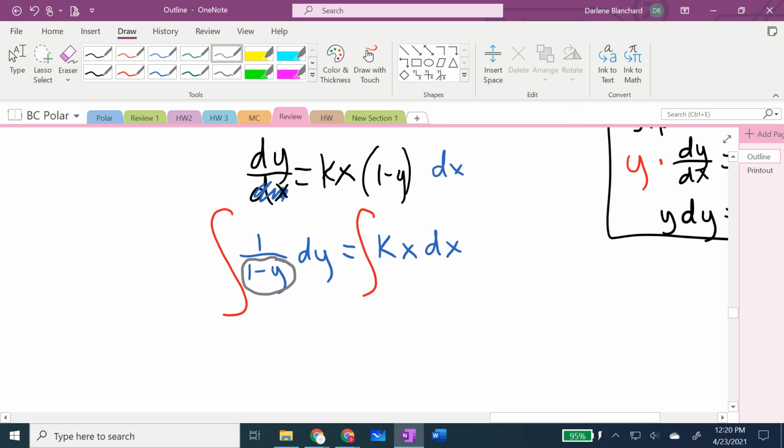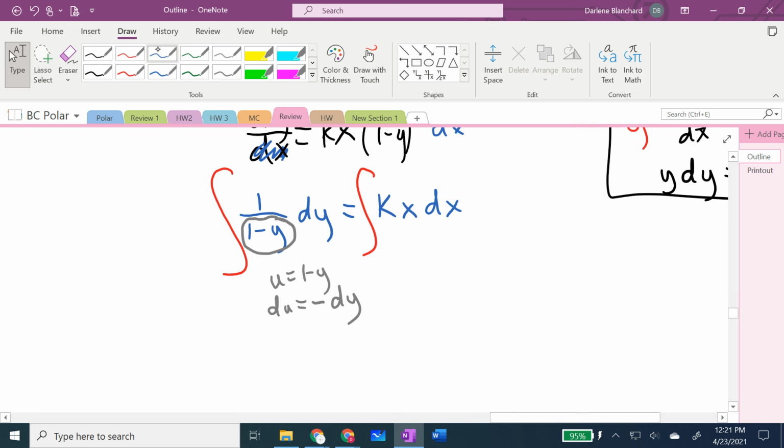If 1 minus y is u, the derivative is negative 1. So that means that you are going to end up with an integral that is negative the natural log of the absolute value of u. So be careful of the derivatives of your u's with your u substitution. On the other side, you have some constant times the integral of x. Throw a plus c on.